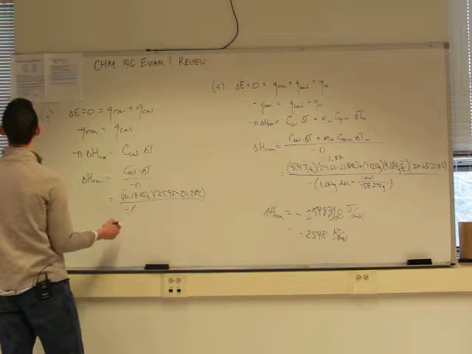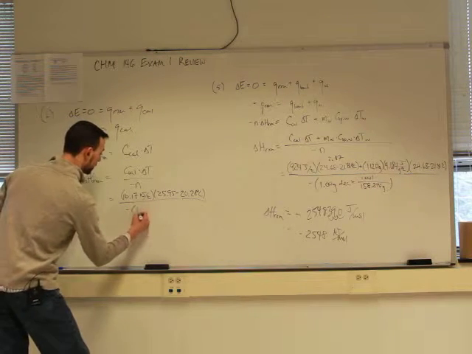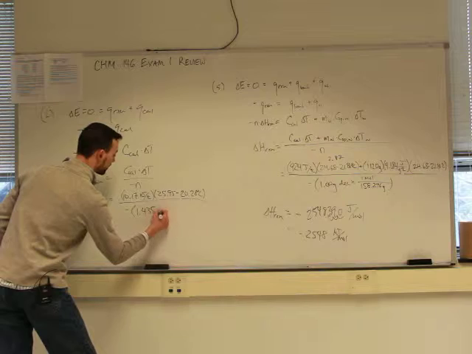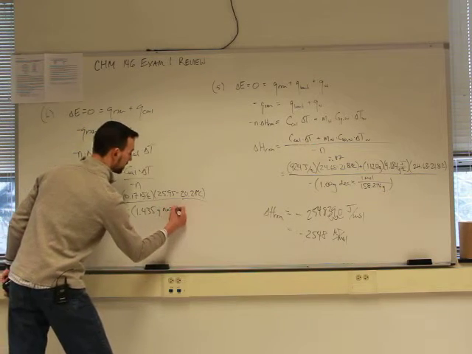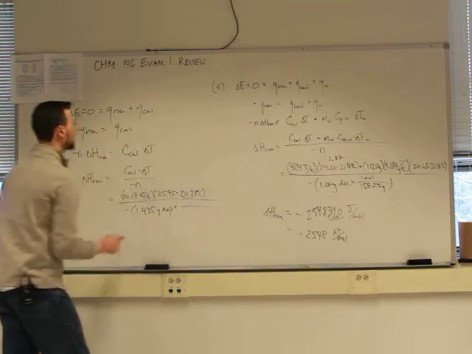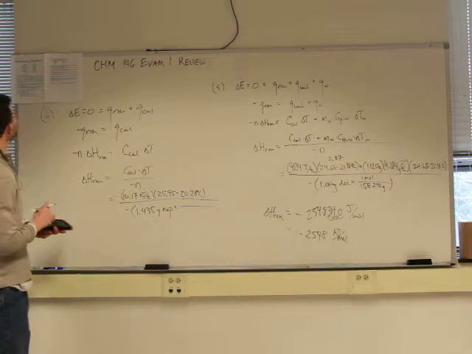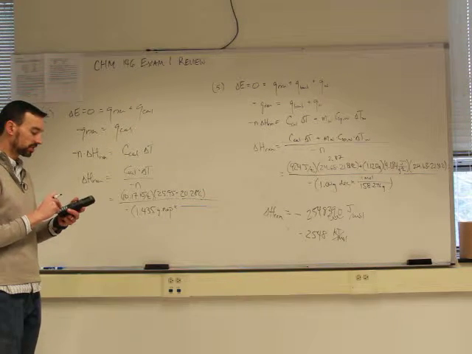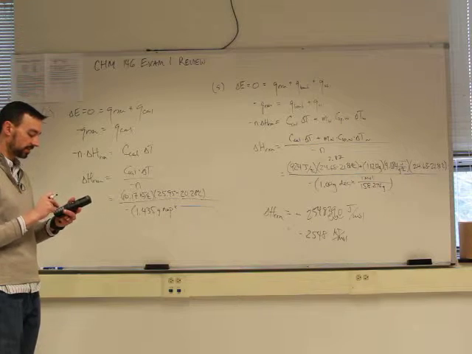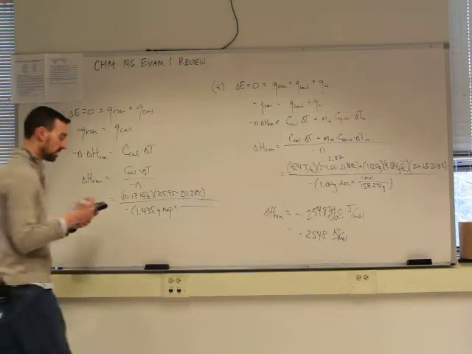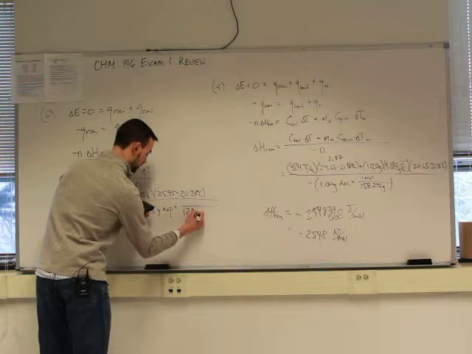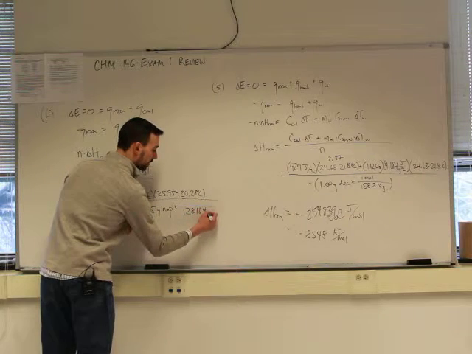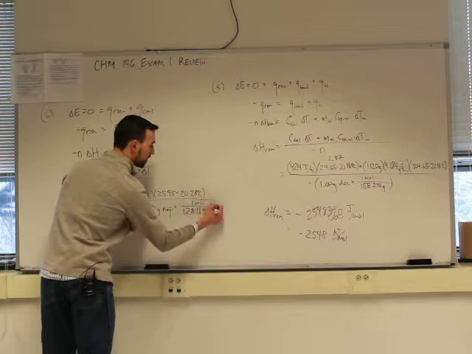I'm going to have to do this conversion. 1.435 grams of naphthalene, I've got to figure out the molar mass of my naphthalene. It is C10H8, so 10 times carbon's molar mass plus 8 times hydrogen's molar mass. 128.164 grams are a mole of naphthalene.